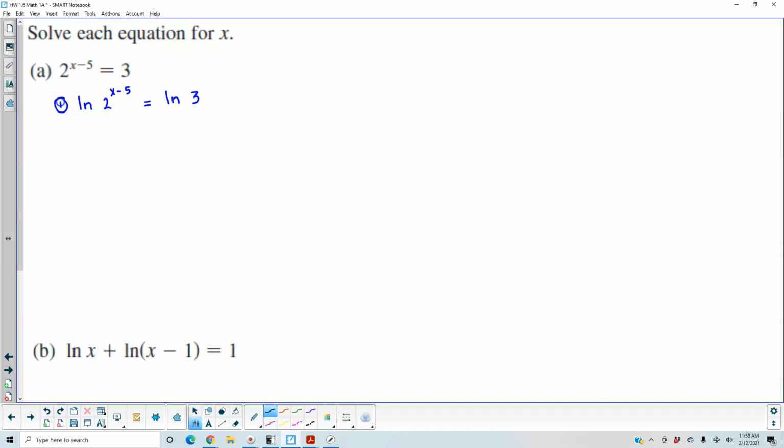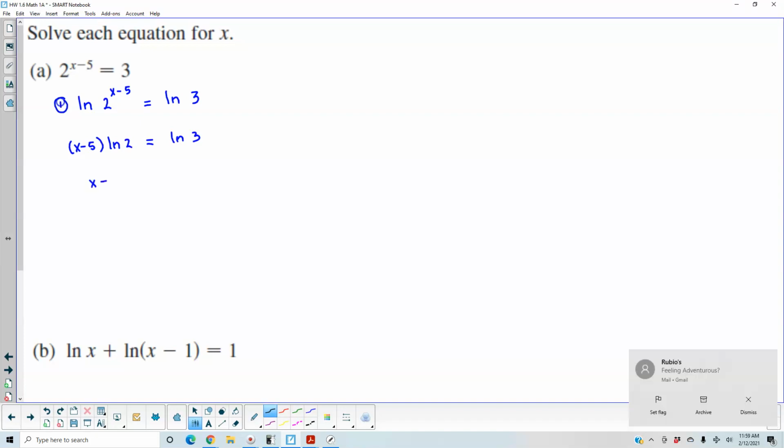And so then, therefore, we can rewrite this as x minus 5 times the natural log of 2, which is equal to the natural log of 3. Now we can divide both sides by the natural log of 2.